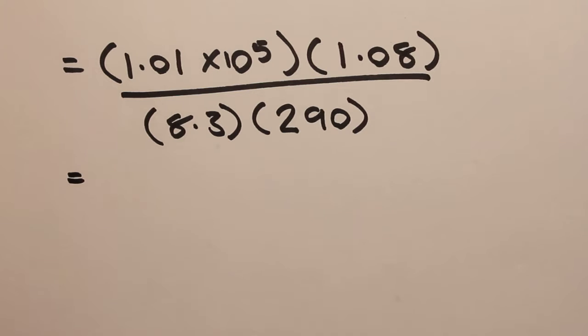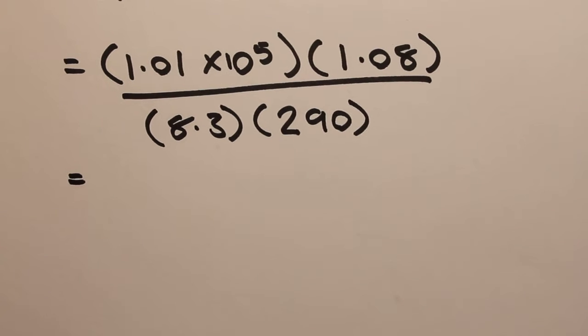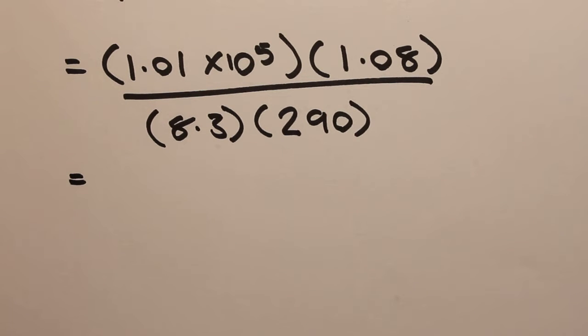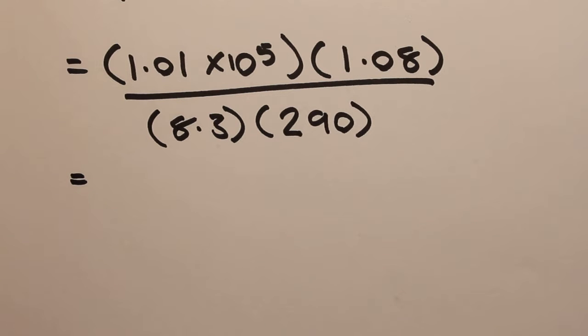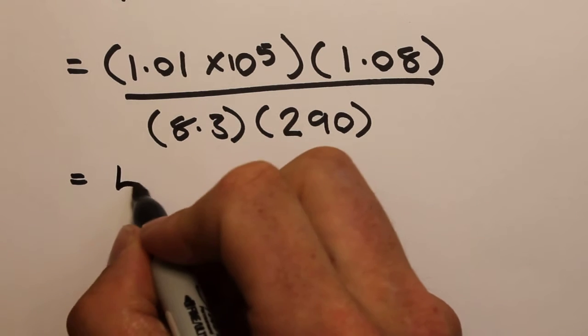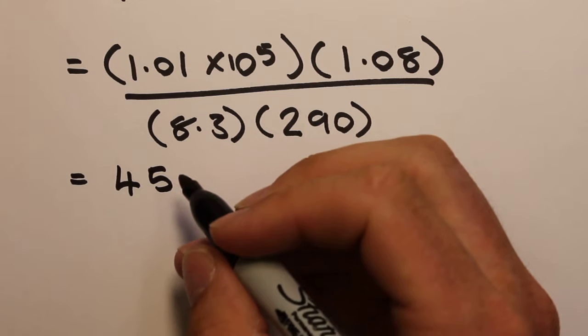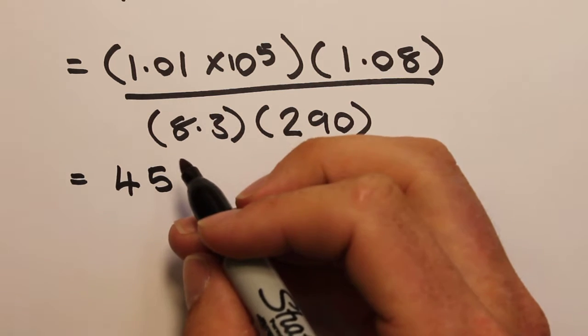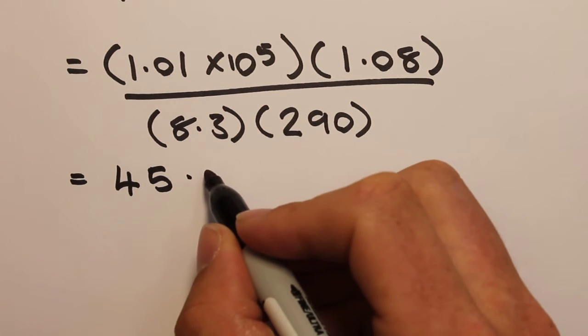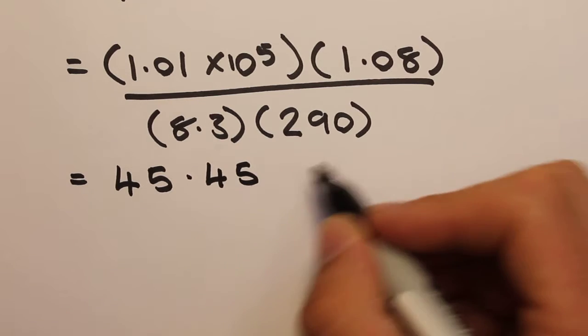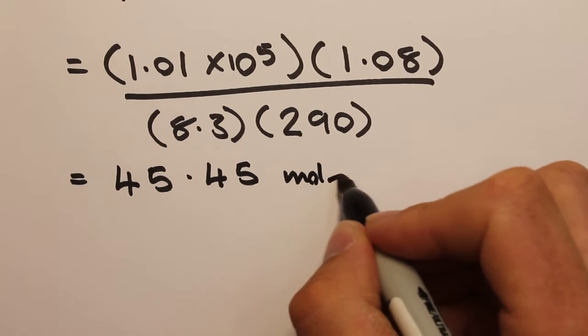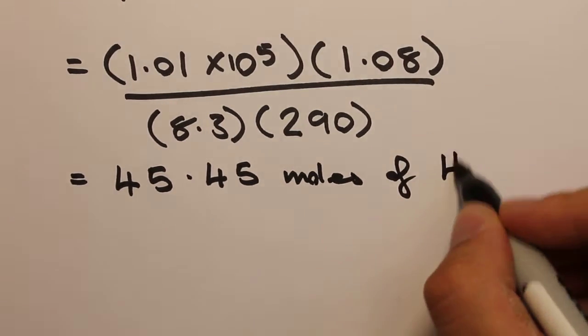So when we solve this, we will get 45.45 moles of helium.